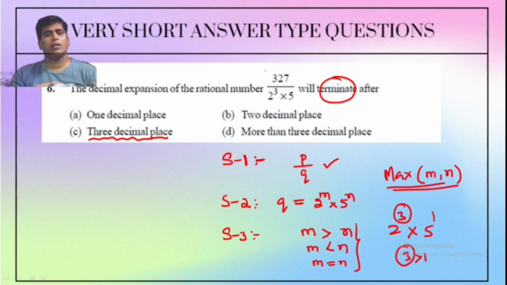Then how to decide after how many decimals it terminates? We have to take the maximum power of 2 or 5. In this, 5 has power 1 and 2 has power 3. So 3 is the maximum power and 3 is the answer. After 3 decimal places, it terminates.